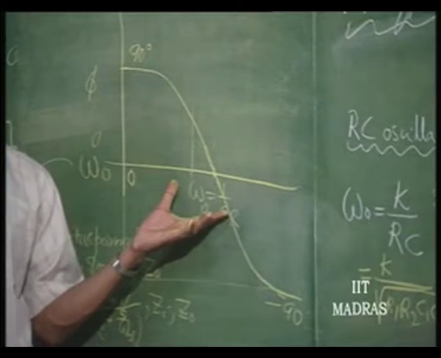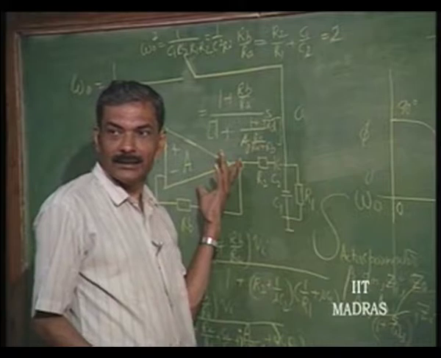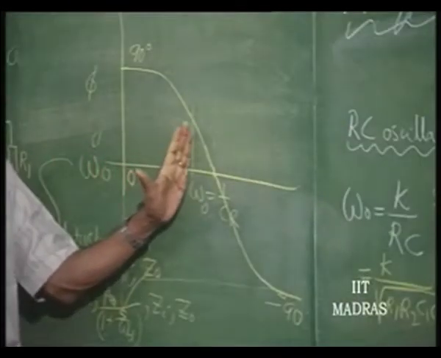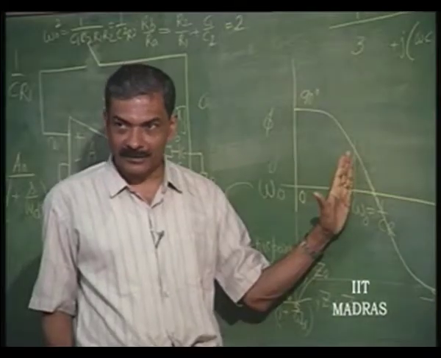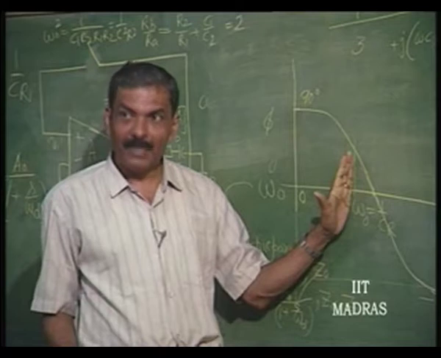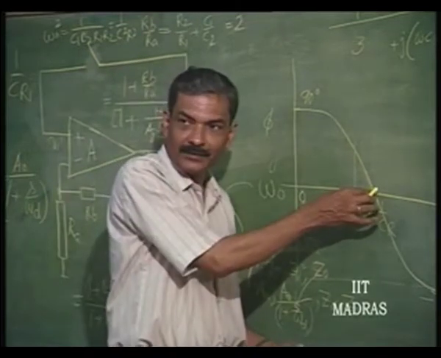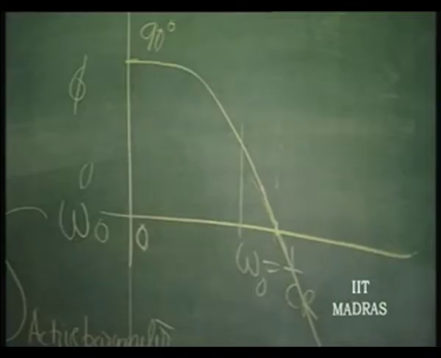So, obviously, if an amplifier network is giving you lag, the frequency at which this is going to give lead is going to be less than omega naught. That is invariably the case. By how much it is going to be less depends upon the lead that you want to give to compensate for the phase lag that it has suffered through the active device.